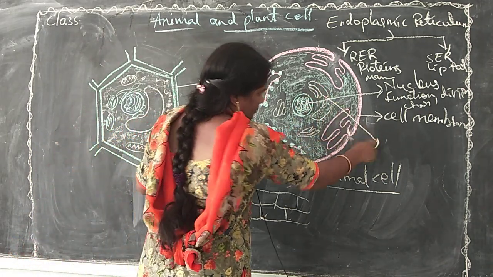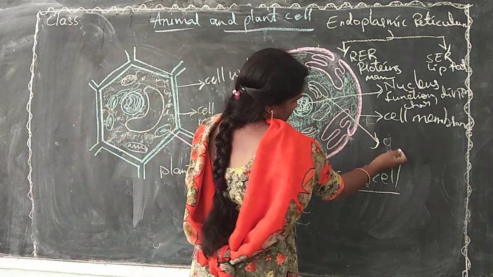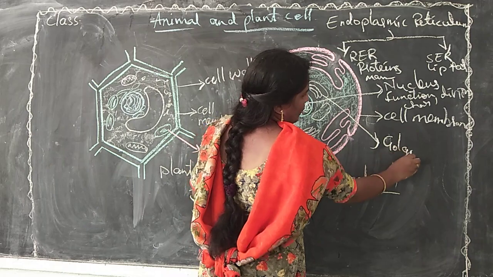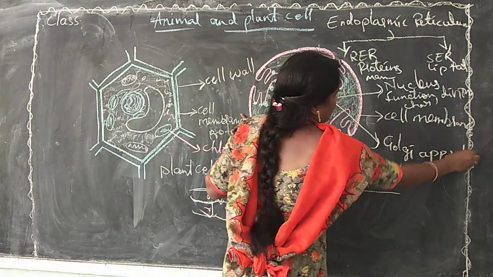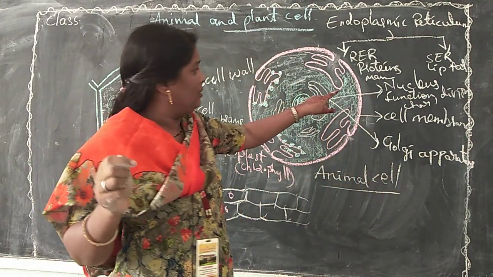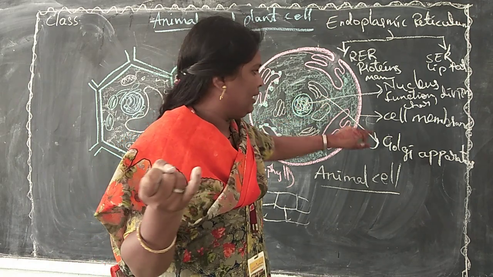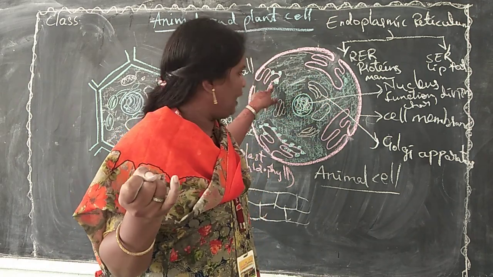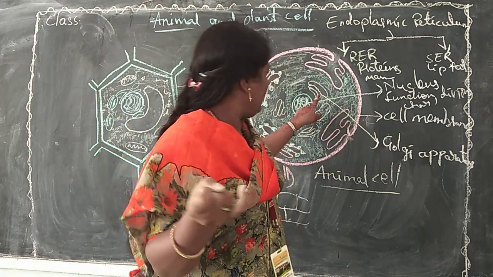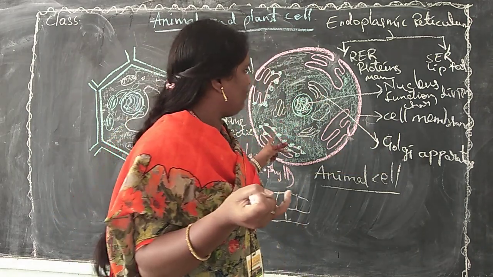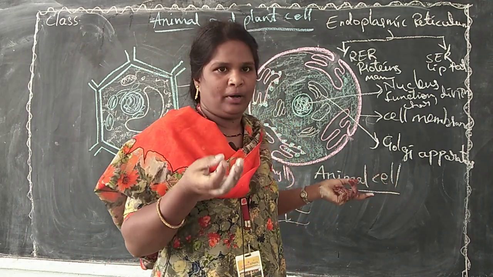One cell organelle present here is the Golgi apparatus. This is another cell organelle. What is the role of the Golgi apparatus? Proteins are manufactured in the rough endoplasmic reticulum and temporarily stored in the Golgi apparatus. Whenever the cell requires them, the proteins are sent to the cell.